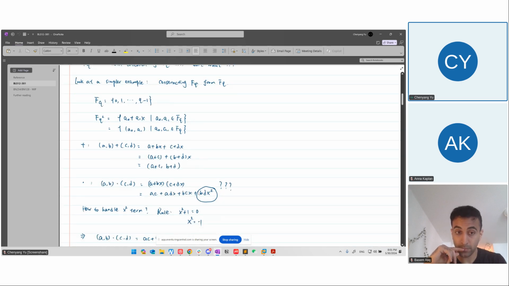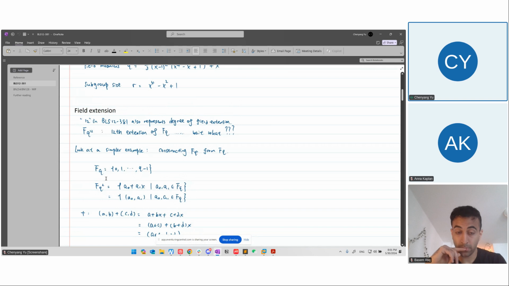We can do some basic algebra. Say the finite field of modulus Q is Z mod QZ, so you have Q elements from 0 to Q minus 1. And then we define FQ2 in this way: as a degree 1 polynomial, where all the coefficients a0 and a1 are from the field FQ.